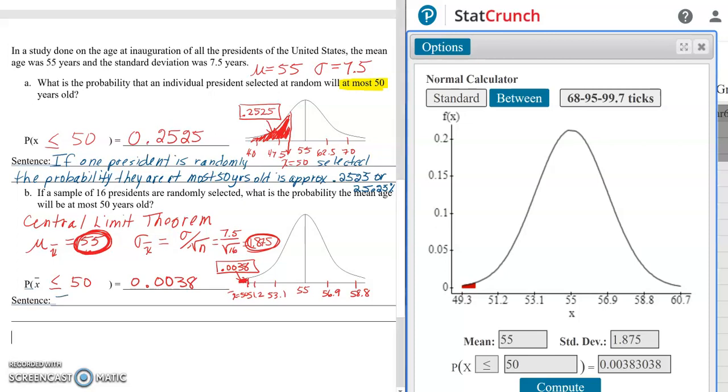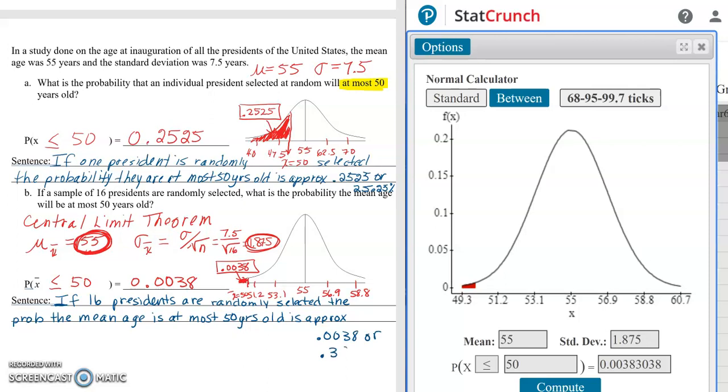So the sentence is going to look like this: if 16 presidents are randomly selected, the probability the mean age is at most 50 years old is approximately 0.0038 or 0.38%.